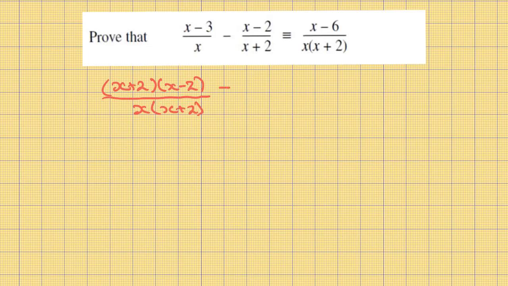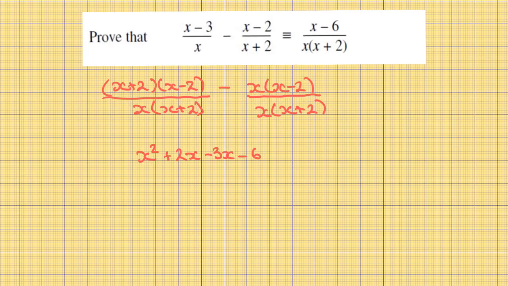Minus, multiply the top and bottom of the second fraction by x, so x times x minus 2 all over x times x plus 2. Multiply out, so we get x squared plus 2x minus 3x minus 6.